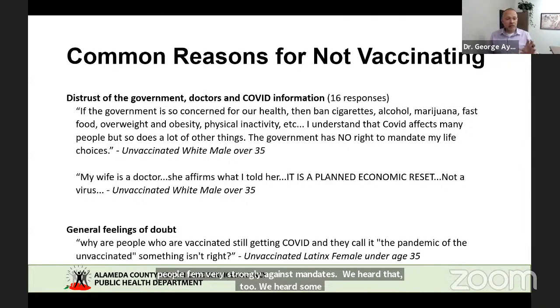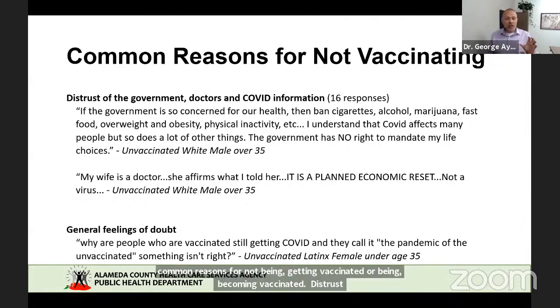Distrust of government, doctors, and COVID information came up quite frequently, in at least 16 of the responses that we gathered. And there was a general feeling of doubt that folks expressed in this survey.